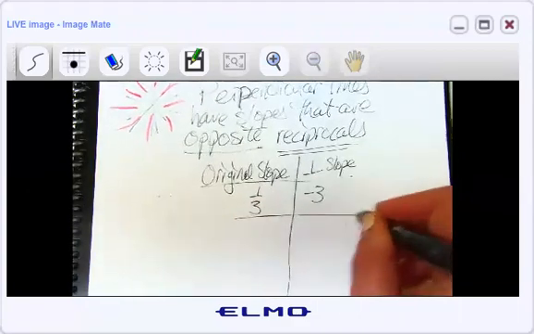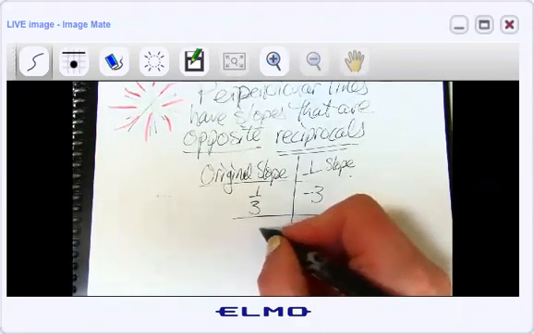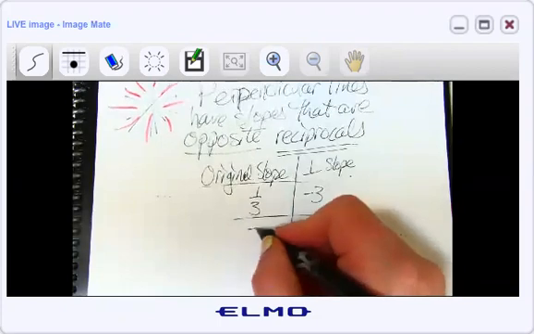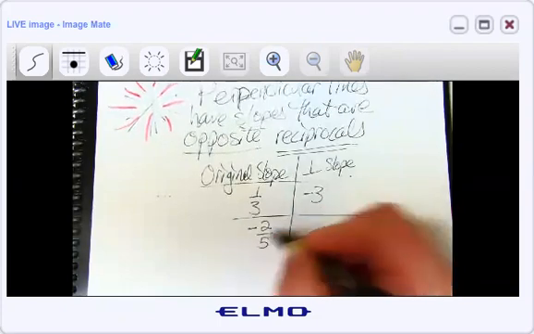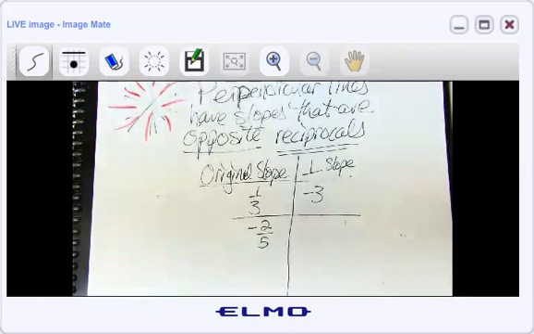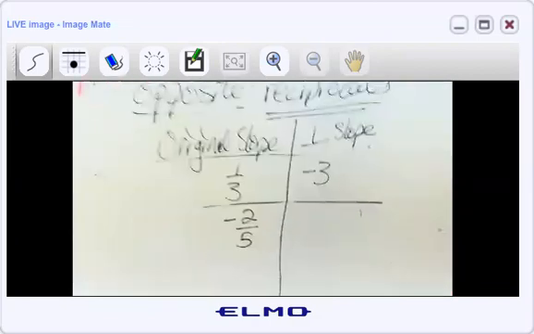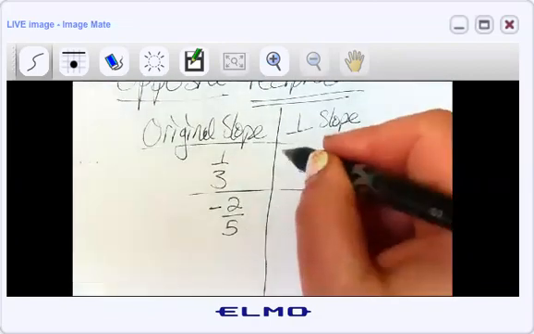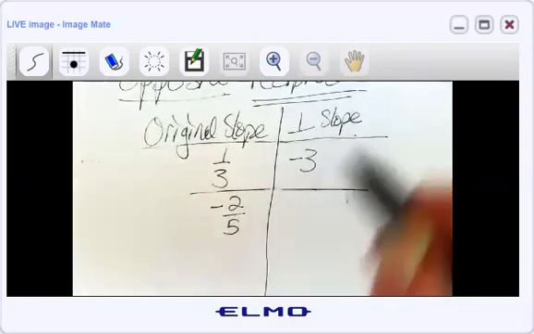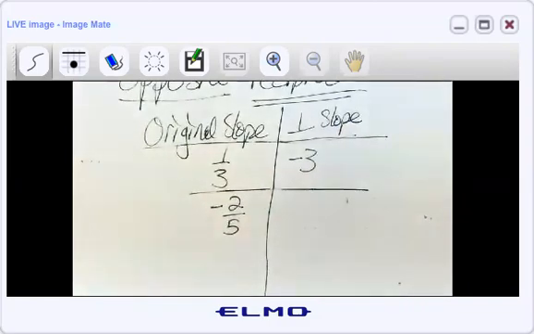All right, so try this one. What if my original one was -2/5? What would the new slope be of a perpendicular line? Just shout it out if you know it. 5/2.